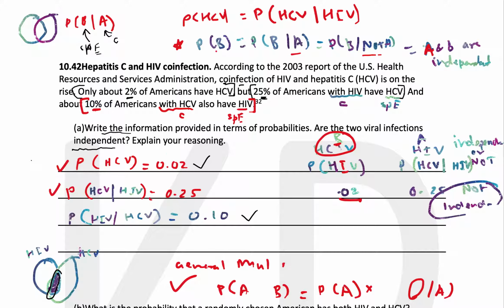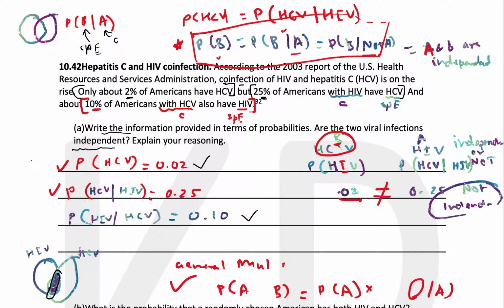So this is the part we have, and HCV given HIV is this particular part in this formula. We know that this is 0.025 from here, and the probability of HCV given HIV is 0.25, and both these probabilities are not equal, right?